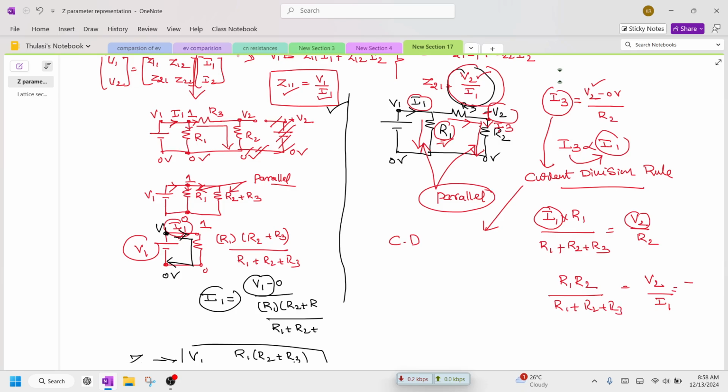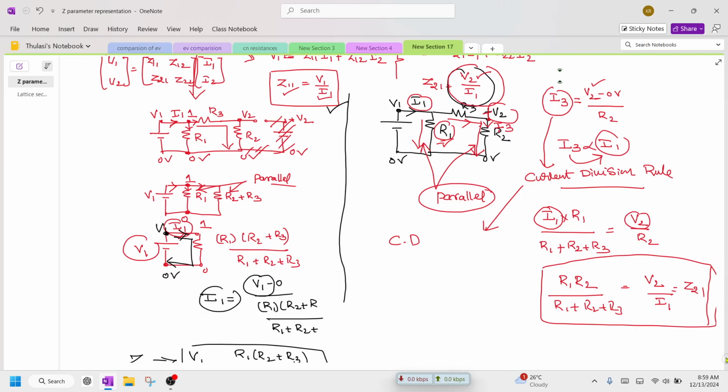So this is the value of Z21. We have successfully calculated it, which is R1 into R2 over R1 plus R2 plus R3.